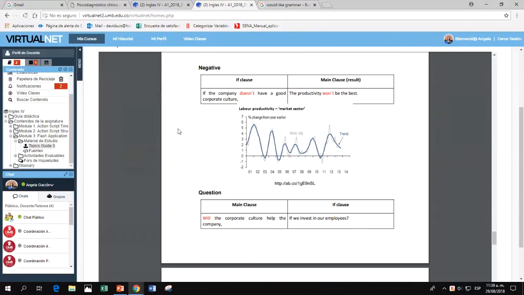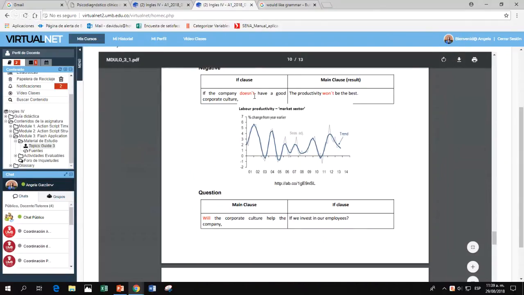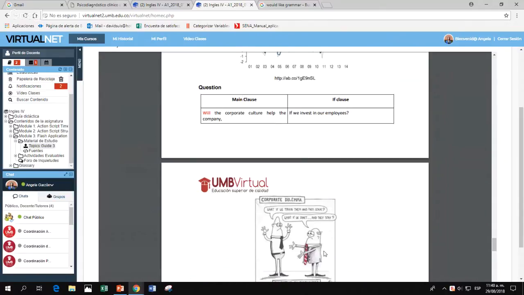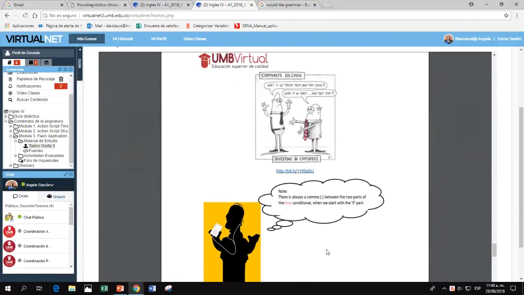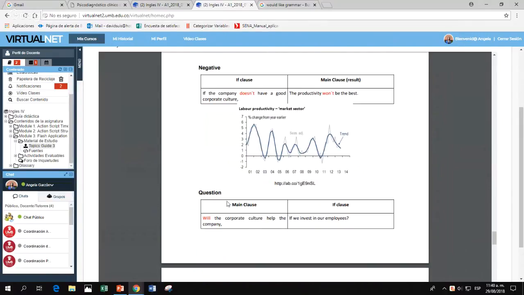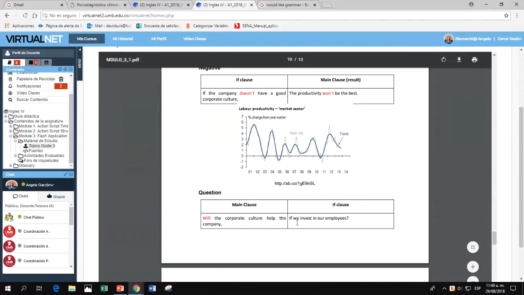We are going to see more examples. If the company doesn't have a good corporate culture, the productivity won't be the best. Will the corporate culture help the company if we invest in our employees? Okay, those are the examples according to this part. So, este if que nosotros encontramos generalmente al inicio de la oración, también lo podemos colocar en la mitad del mismo.